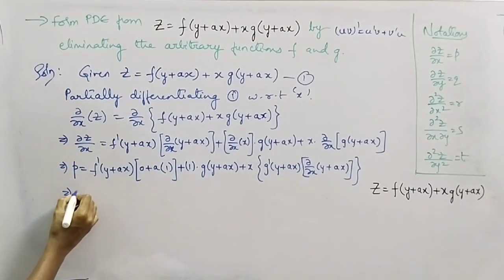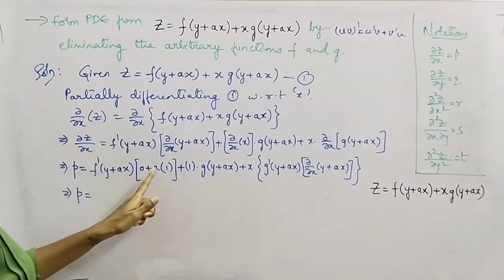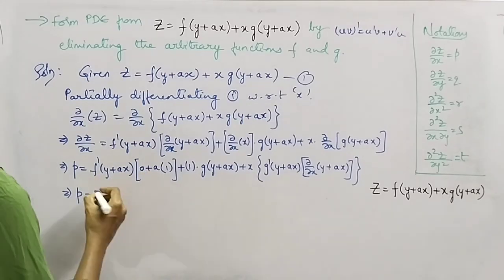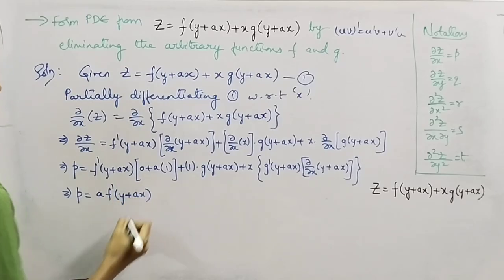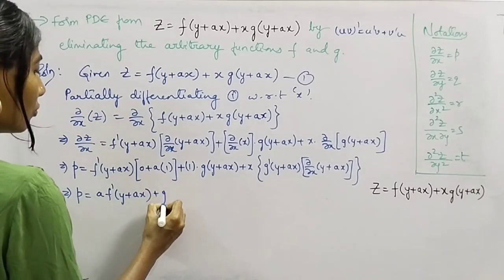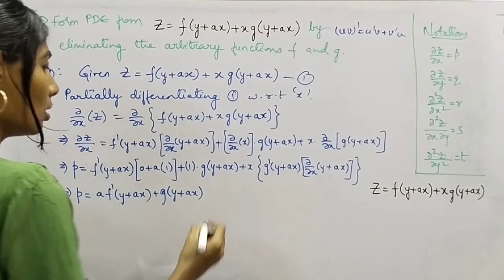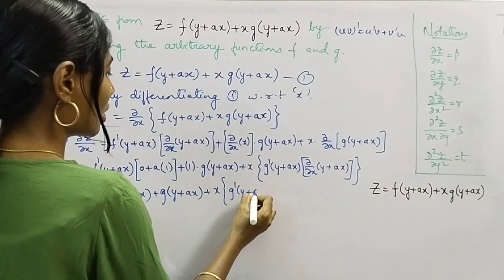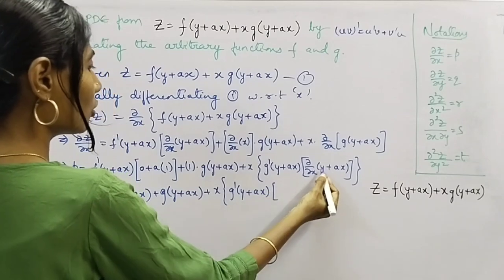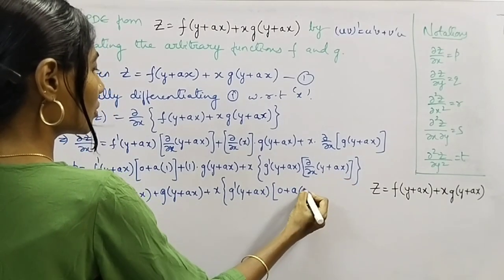This gives us p equal to a into f dash, that is a into f dash of y plus ax, plus 1 into g of y plus ax, which is g. Plus x times g dash of y plus ax into partial derivative of y with respect to x, which is 0, plus a into partial derivative of x with respect to x, which is 1.